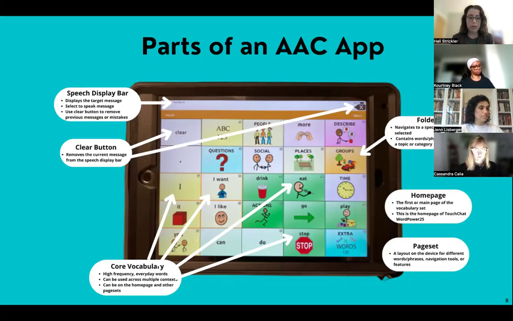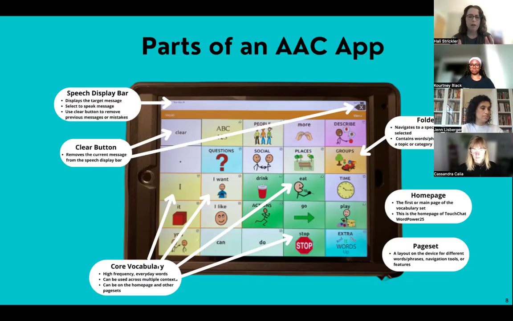Another thing that's really featured on a lot of, especially the really popular AAC systems, is the concept of core vocabulary. Core vocabulary refers to those high frequency everyday words. The idea is that you can use this single set of words across multiple contexts. So this is going to be things like want, go, stop, some of our pronouns, prepositions, words like more, things like that.